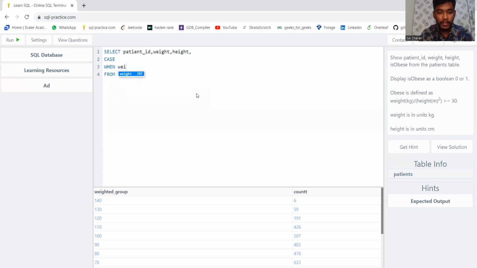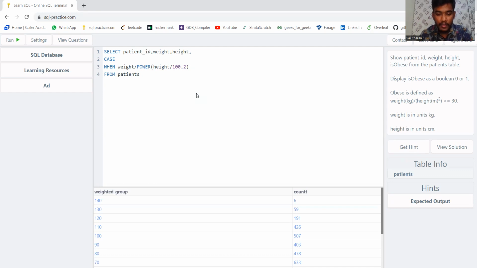So weight divided by height squared, using power, height divided by 100. I am dividing by 100 just to convert centimeters into meters. Power, comma 2.